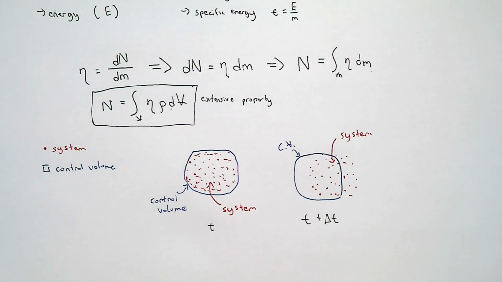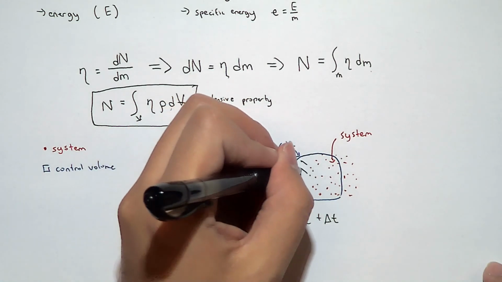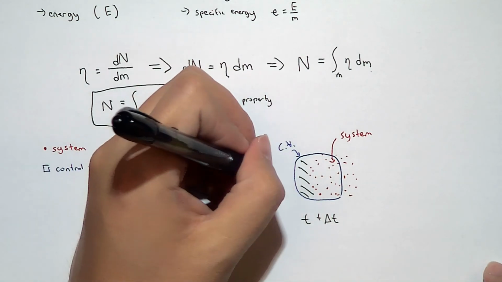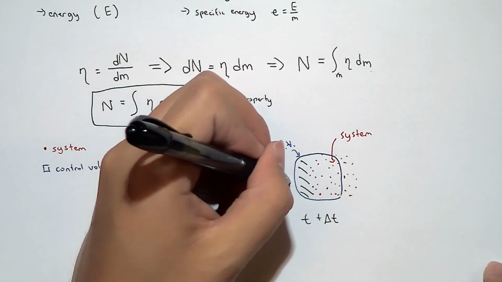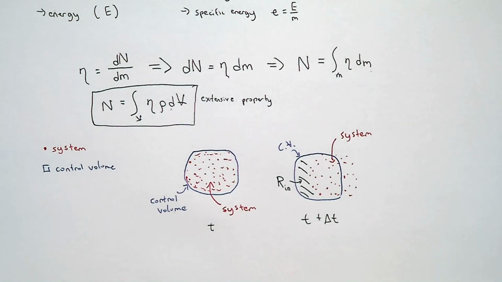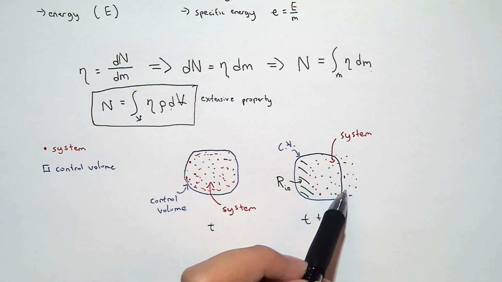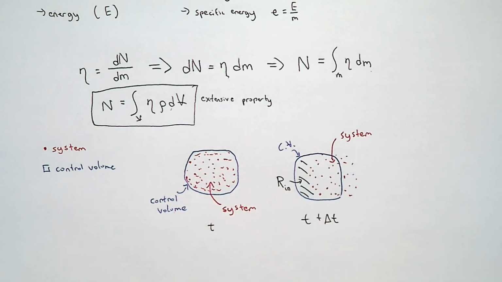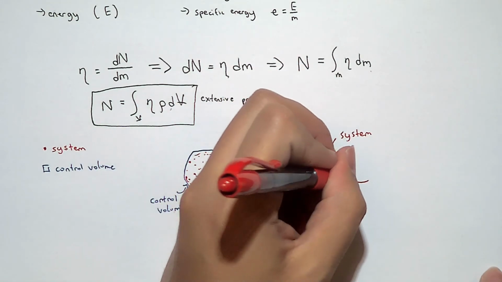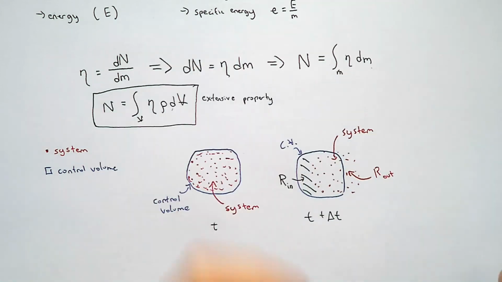We have a control volume that consists of part of the system plus a new amount of fluid. I'm going to call this new amount of fluid my region that went into my control volume, just R in. Region that is now in the control volume. I can also say that part of my system is now outside of my control volume. I'm going to call that part of the system that's outside of the control volume my region that left the control volume.